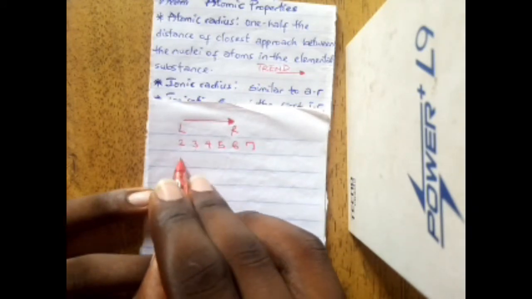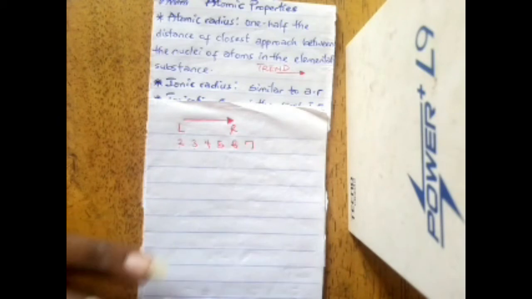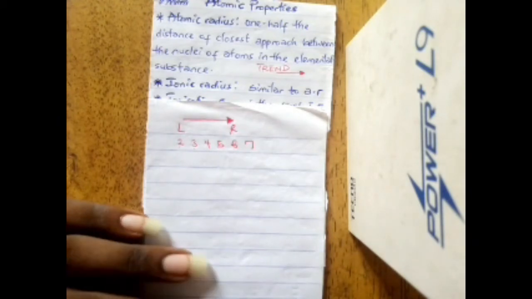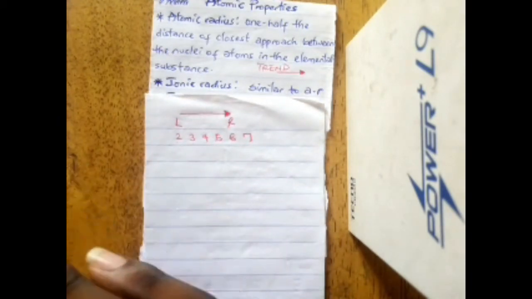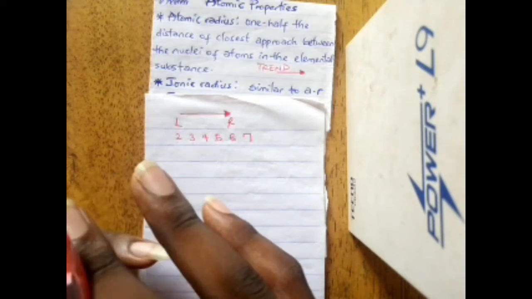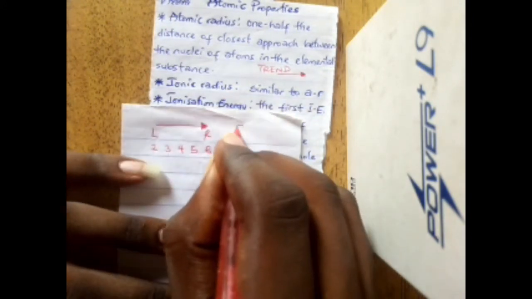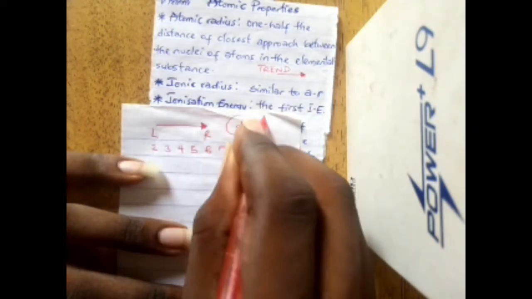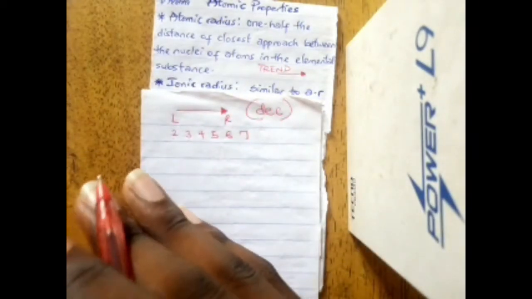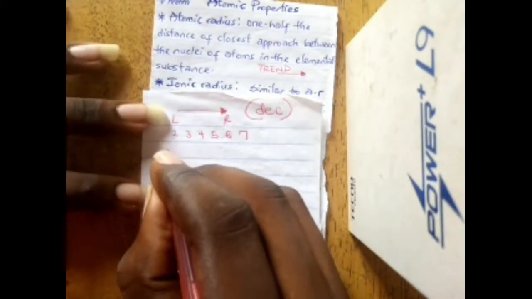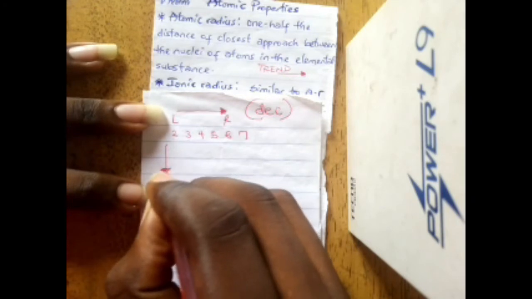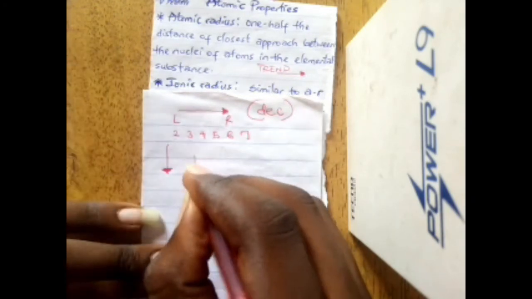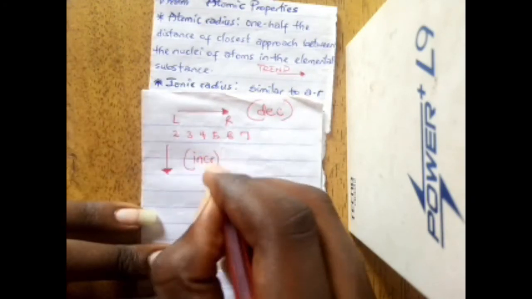They have their various atomic sizes. When you are moving from left to right of a periodic table, the atomic radius tends to decrease, while when you are moving downwards the periodic table, the atomic radius increases.